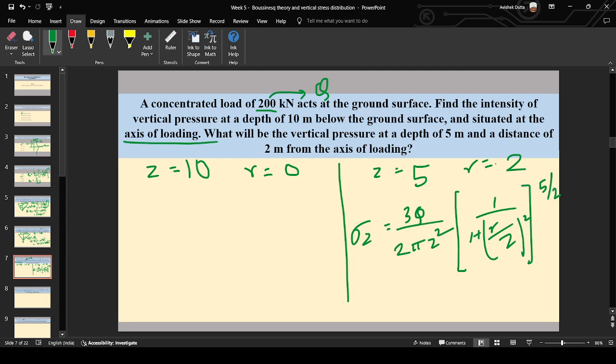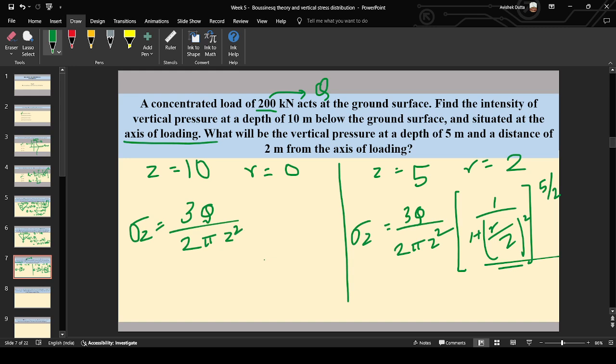Here the value of r is 2, z is 5, q is 200 kilonewton. In the first instance the value of r equals 0, so this part becomes 0, and this entire part becomes 1. So here you can use the simplified formula sigma z equals 3q divided by 2 pi z square.